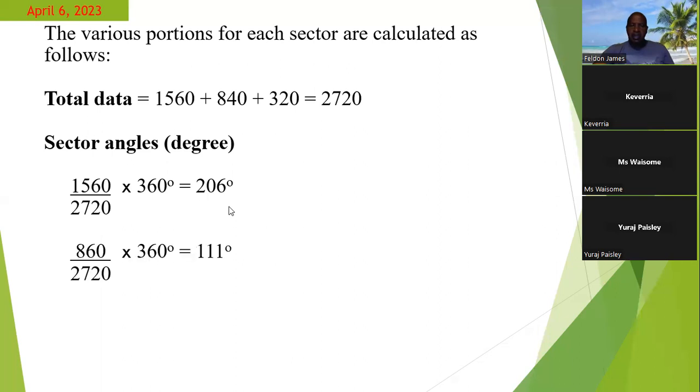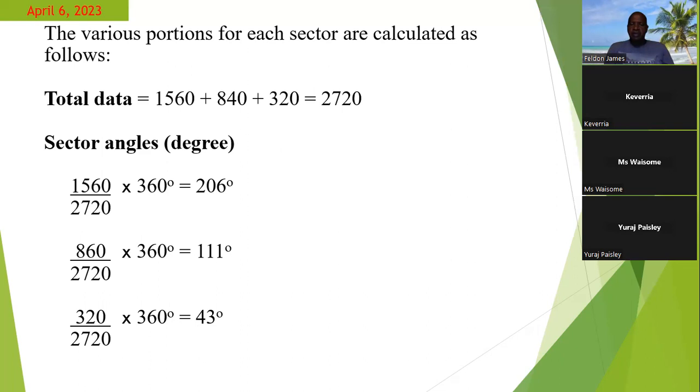When you do that calculation, you will get a sector angle of 206 degrees. If you do it for the bus, you'll get 111 degrees. And if you do it for the private motor, you will get 43 degrees. What that means is that you have shared the entire circle into these portions of angle.